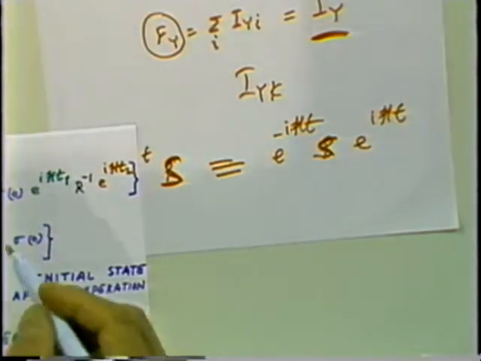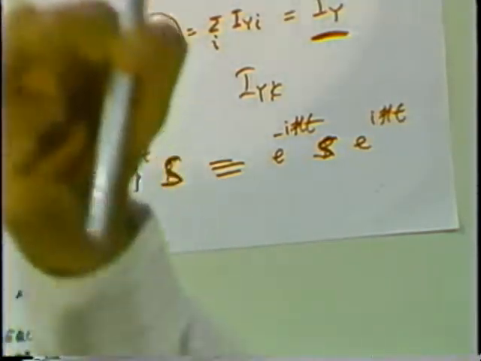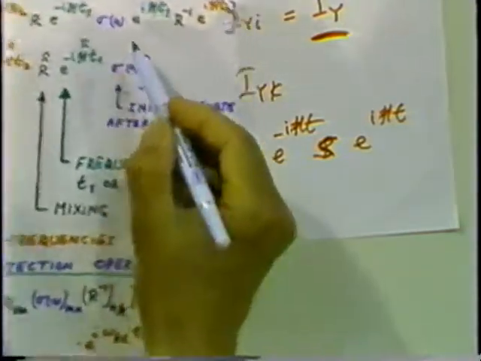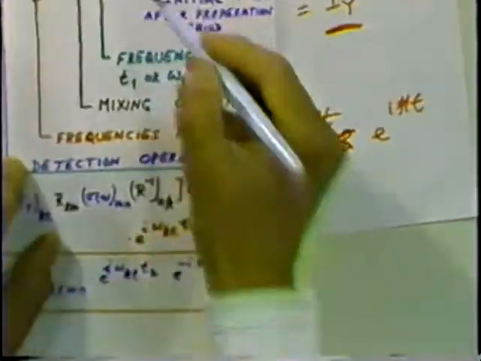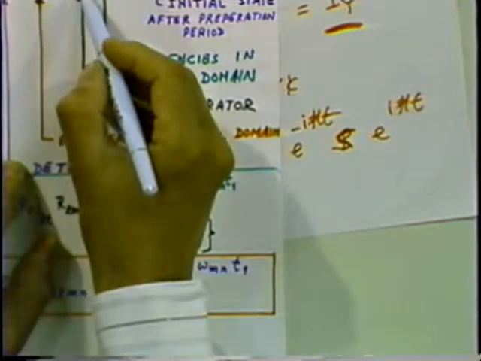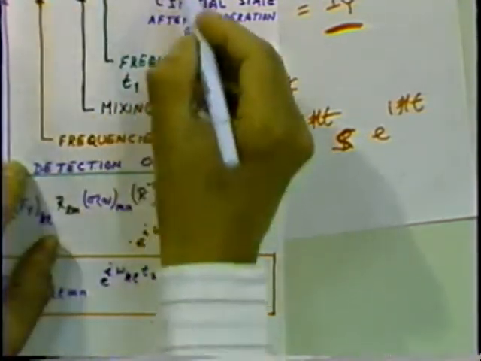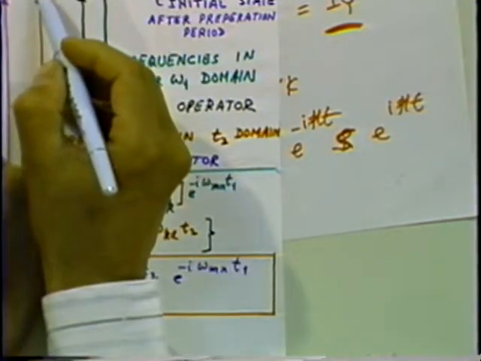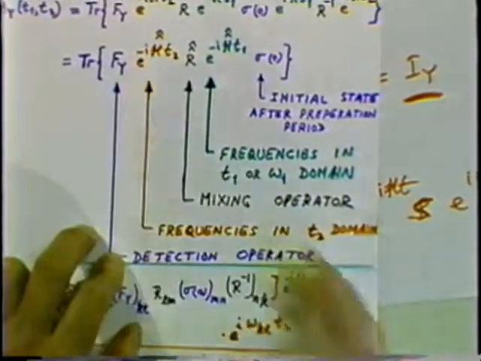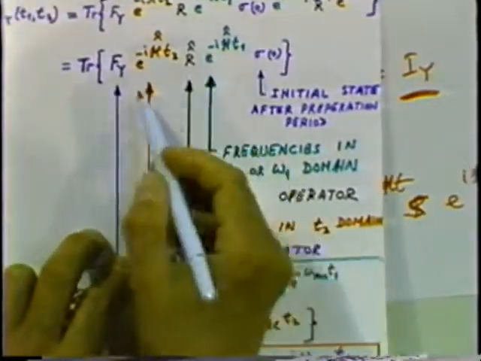So I can combine these into one operator, and then R acts on that. Then I can combine these into one operator, and this acts on that. Is that clear now?